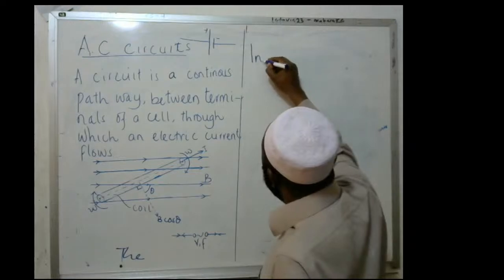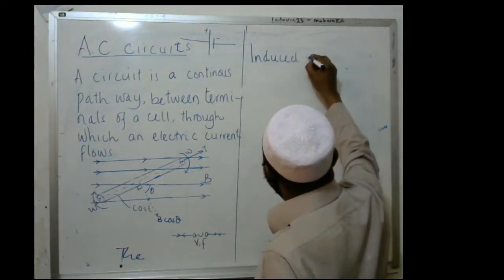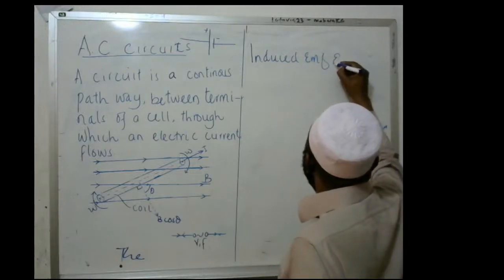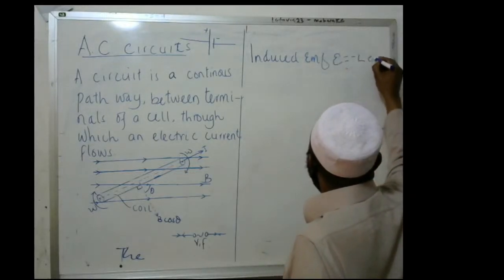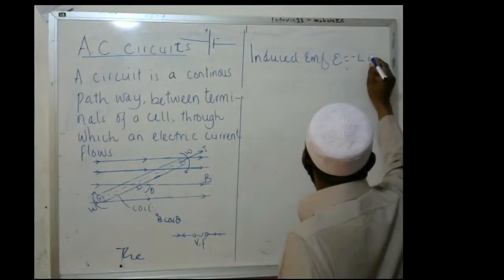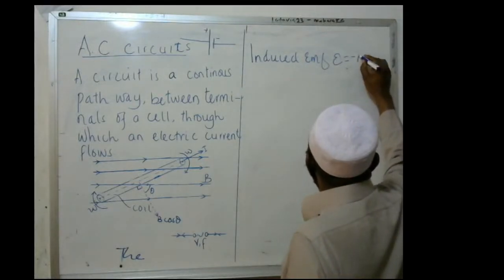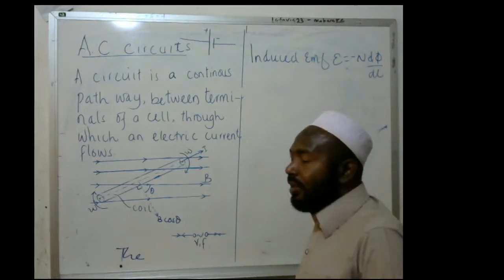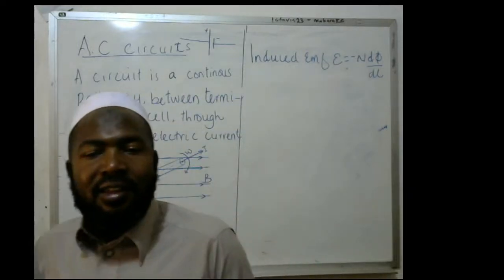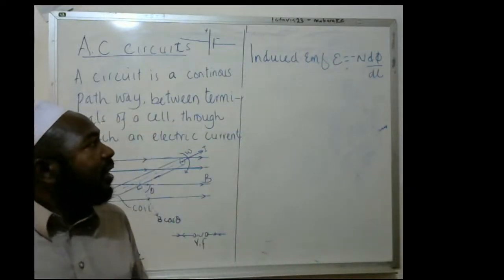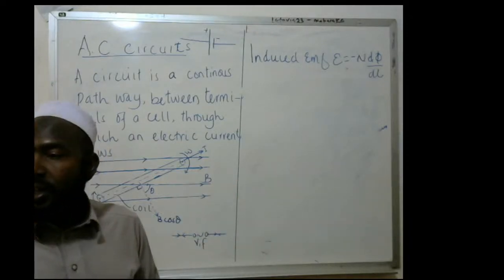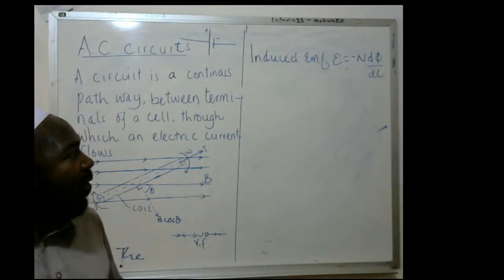induced EMF E is equal to minus N dphi divided by dt, where N is the number of turns, phi is the magnetic flux, t is time, and the negative is for Lenz's law.